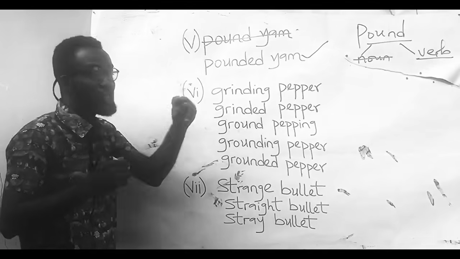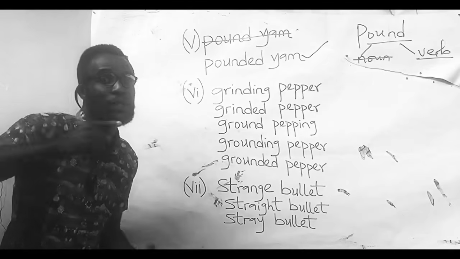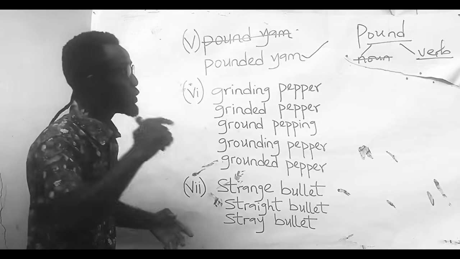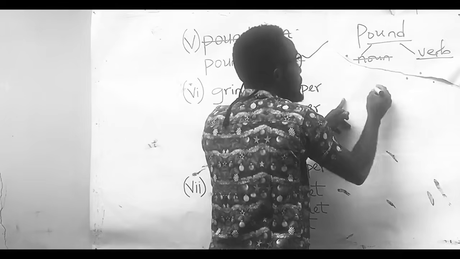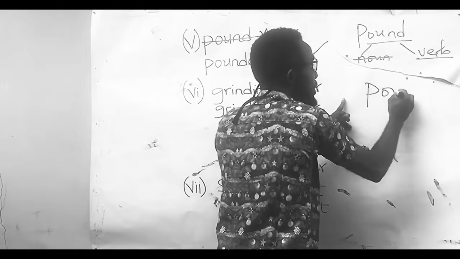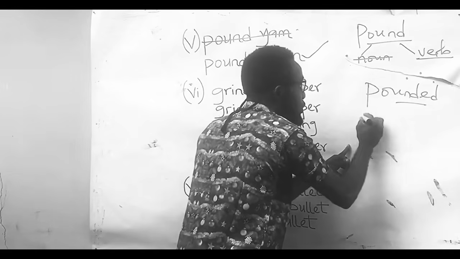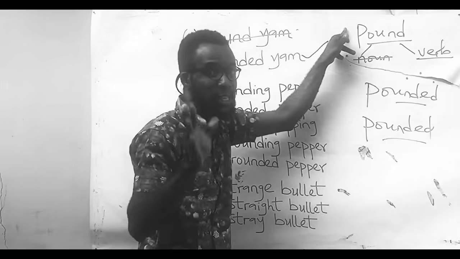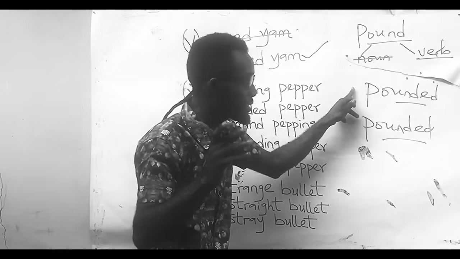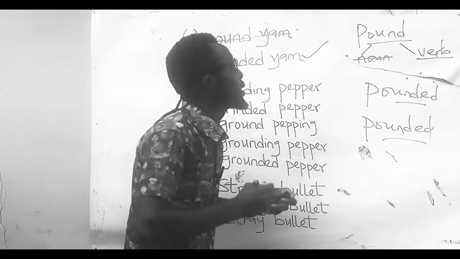If we see pound as a verb, then it means to crush something by hitting it repeatedly. As a verb, the present tense is pound, the past tense is pounded, and the past participle is also pounded.